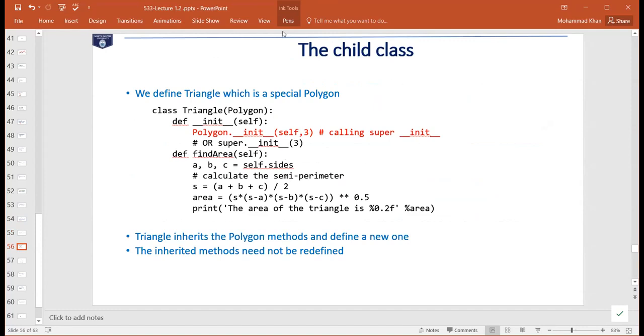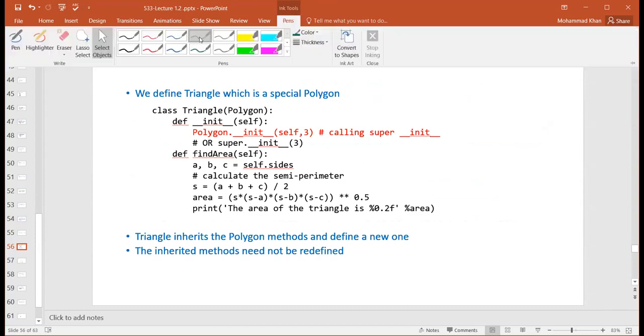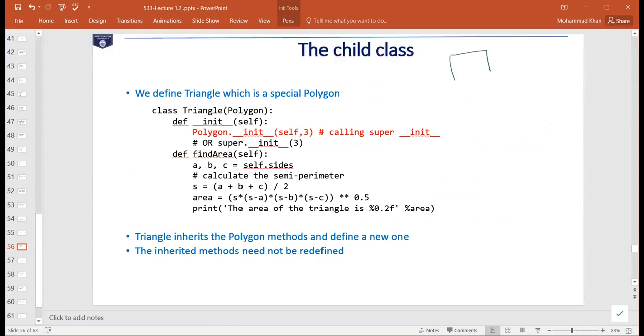So we know polygon, and the triangle class can now inherit from polygon.